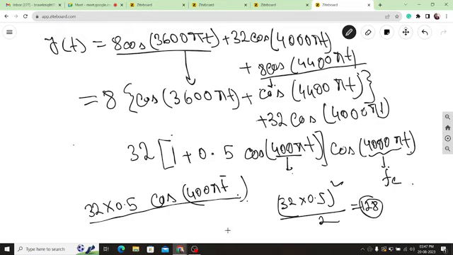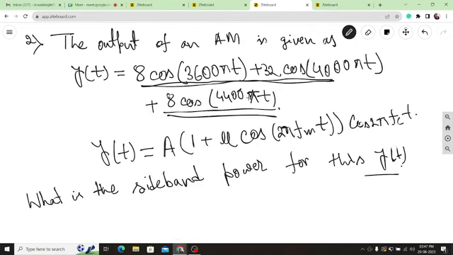So the power of the sideband will be 128 by 2, that is 64. The answer is 64 for this.